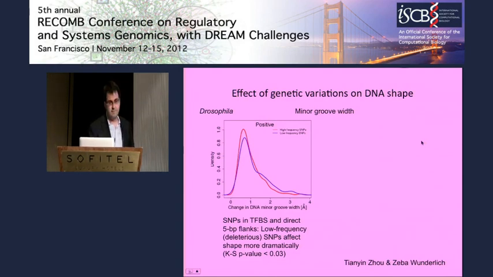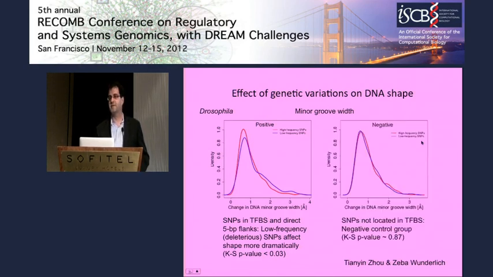For the positive group, in transcription factor binding sites or the direct 5 base pair flanks, we found that in blue, the low frequency SNPs affect shape more dramatically. Whereas we don't see this distinction in a set that does not contain transcription factor binding sites. And we could not explain this signal only based on sequence. So here, shape seems to disrupt the protein binding.